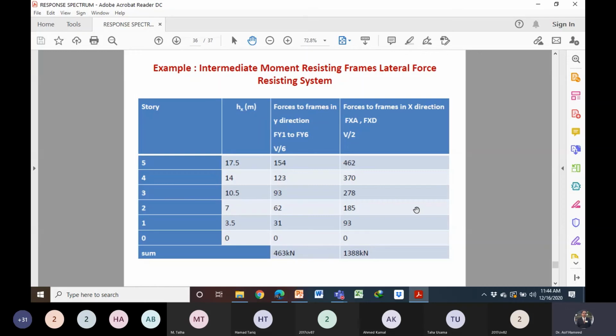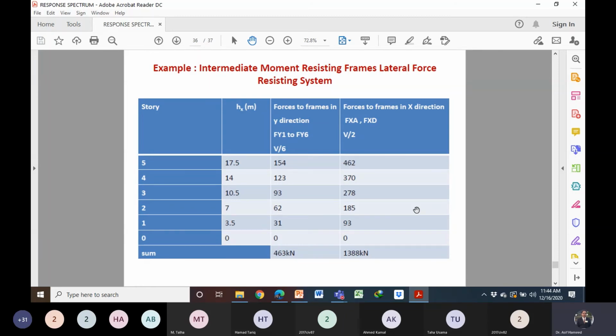It's unpredictable. You're right. So the code has suggested that you have to calculate the base shear when the earthquake is not parallel to the x or the y direction. It is at some eccentricity. Okay.